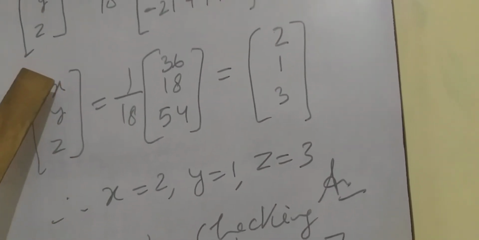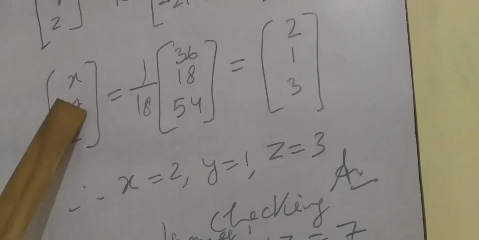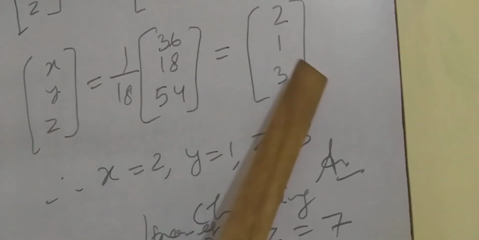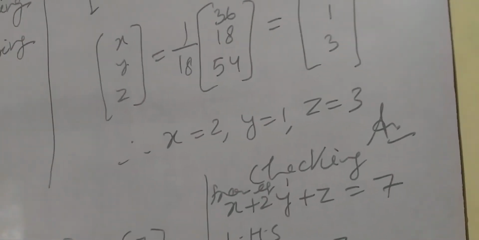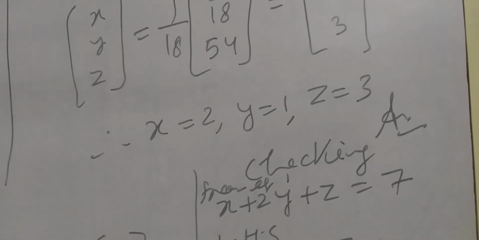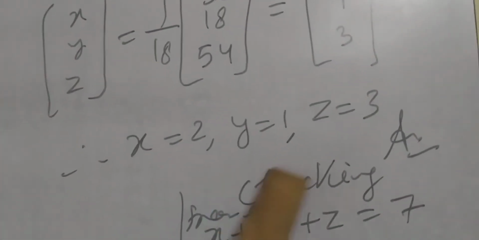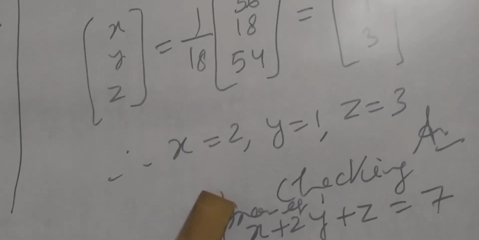Let us compare. X equals 2, y equals 1 and z equals 3. So these are the values of x, y, z. We can check our answer, students, by putting these values in any equation. So I am going to put these values in equation number 1. This is equation 1, student.